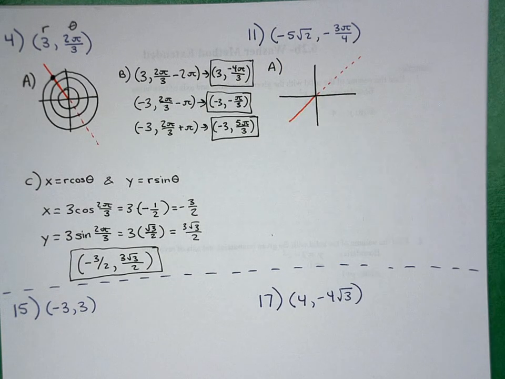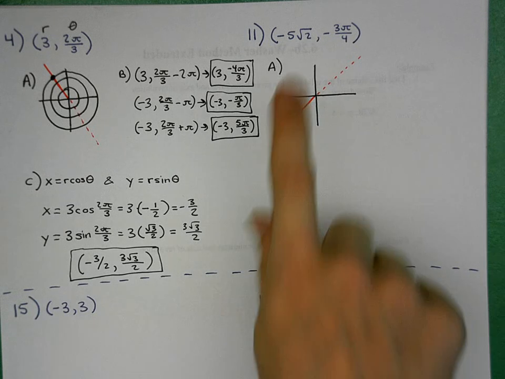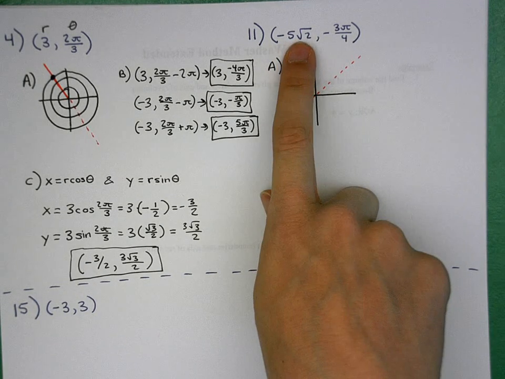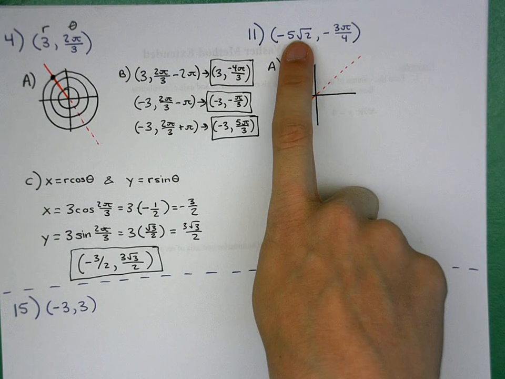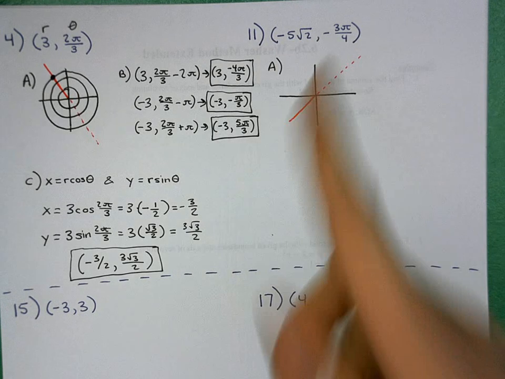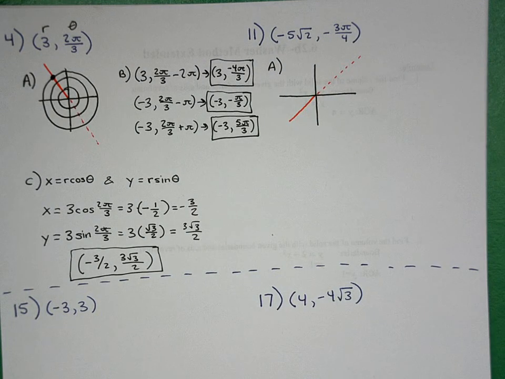I know that it's fairly significantly less than 10, because 10 would be 5 times 2 or 5 times root 4. So I'm looking at somewhere between 5 and 10. And root 2 is a little bit closer to the root 1 or 5 side than the root 4 or 10 side of things.